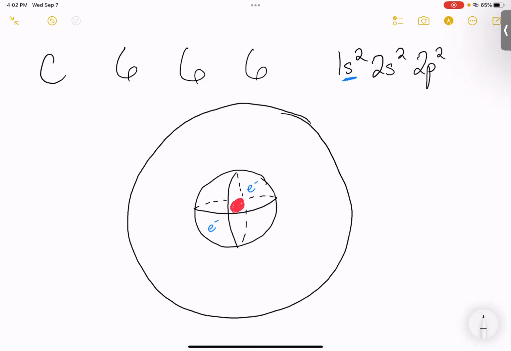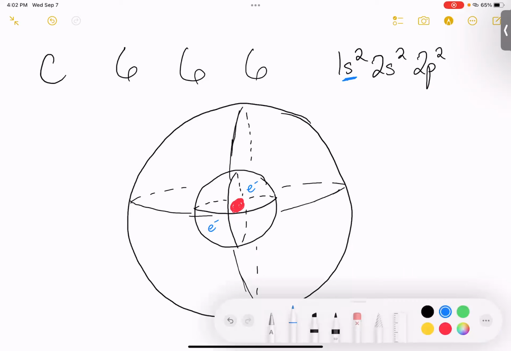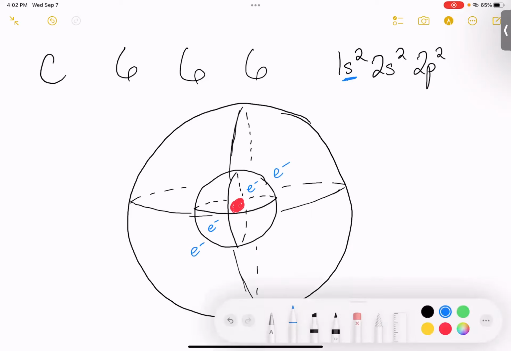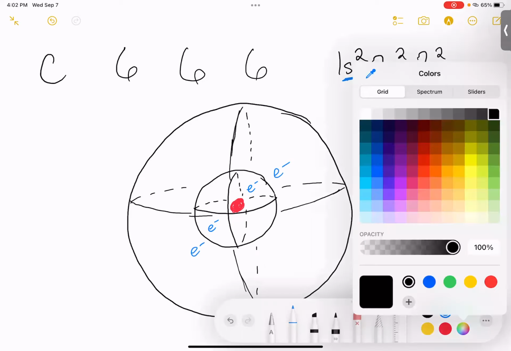Now, in the second shell away from the nucleus, you also will have 2 electrons. So how does the P come in? I am going to use purple to represent my P's.